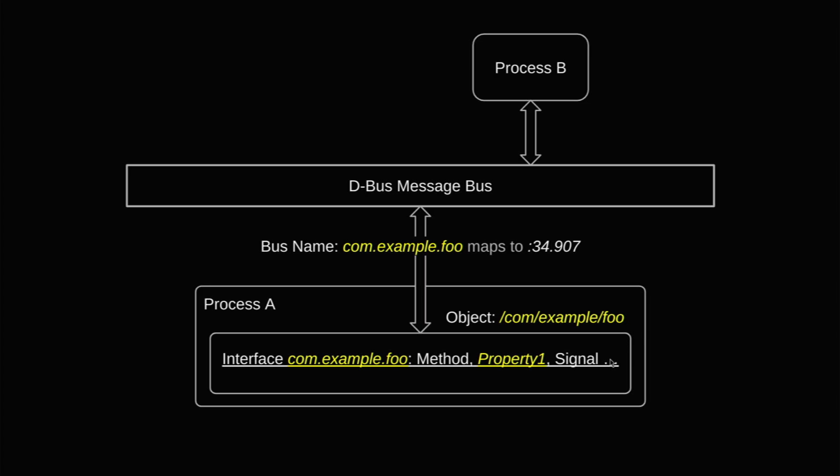So other processes like process B, which acts like a D-Bus client-side process, can address the resource of process A via the bus name, object path, and interface name, and also the members such as a method. You may notice the bus name, the interface name, and the object path look like reverse DNS strings. Yes, they must be reverse DNS strings. It is defined in the specification.